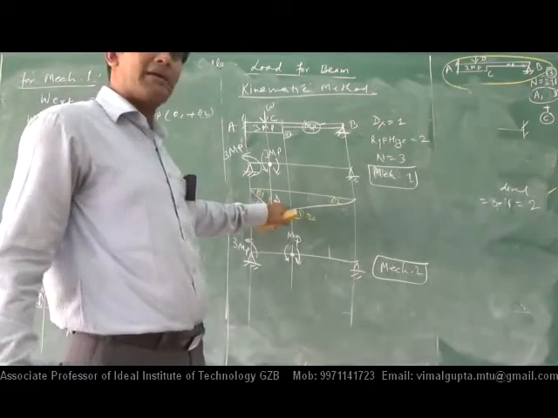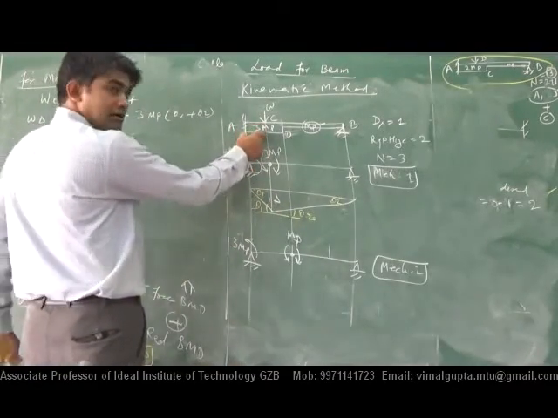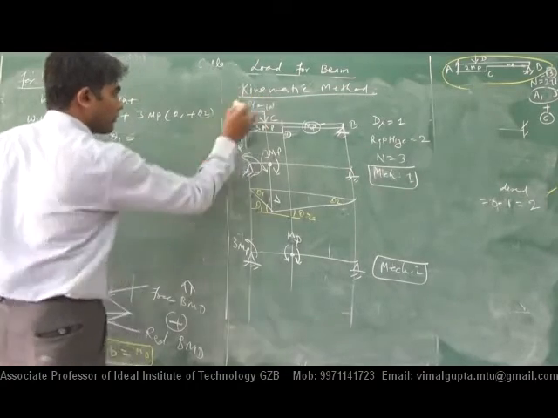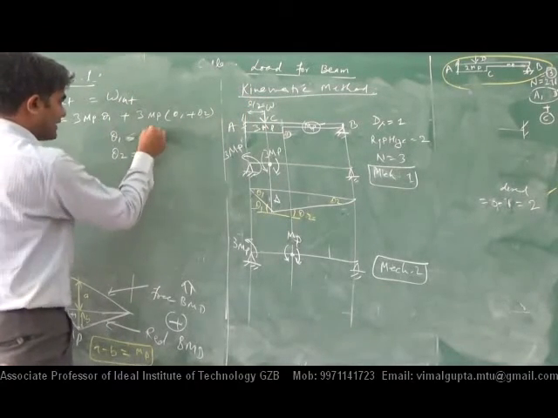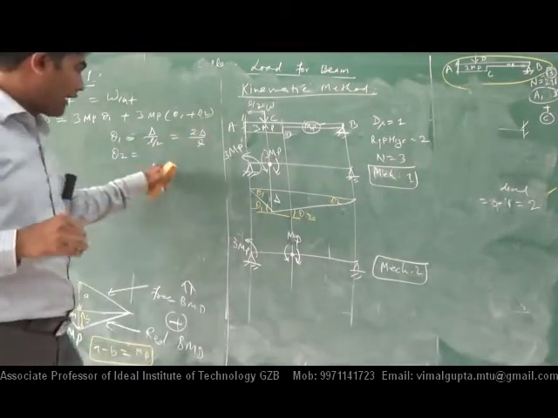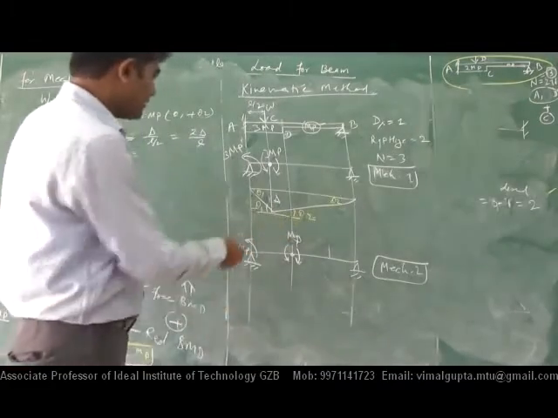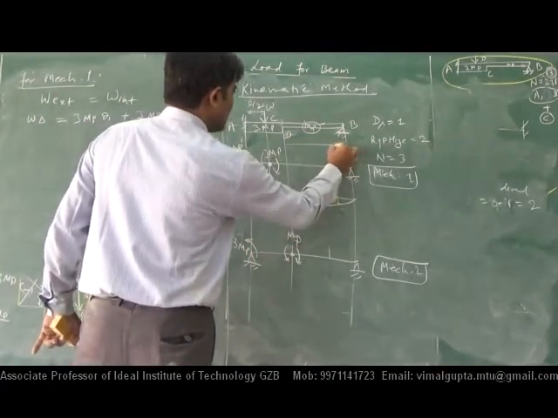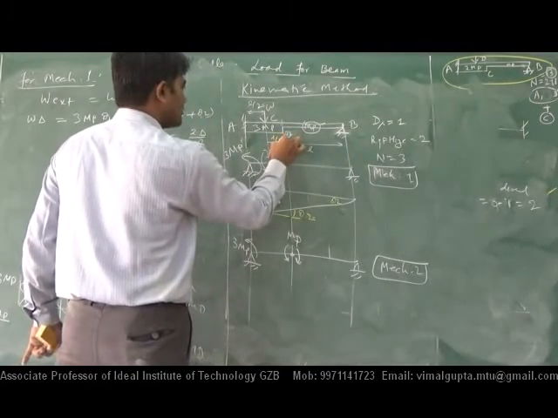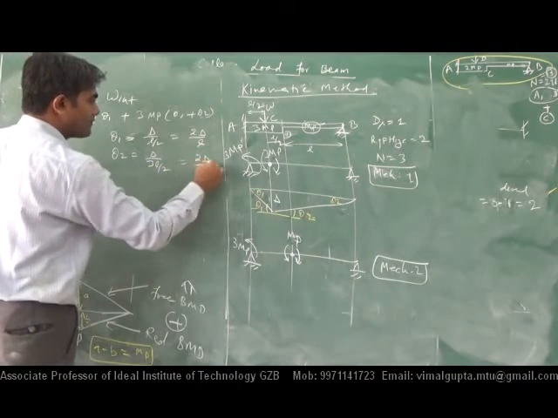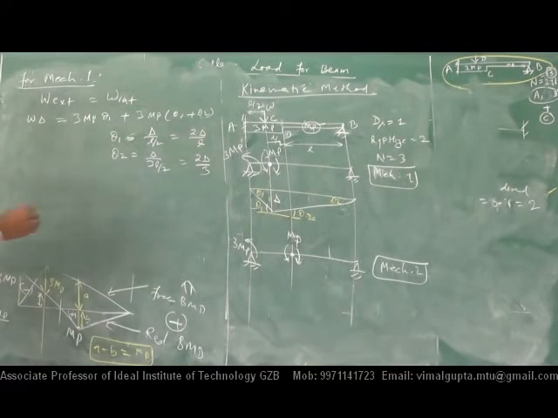The value of theta 1 is delta by that distance, L by 2, so it is 2 delta by L. Now what is the value of theta 2? Theta 2 is delta divided by 3L by 2, which means 2 delta by 3L.